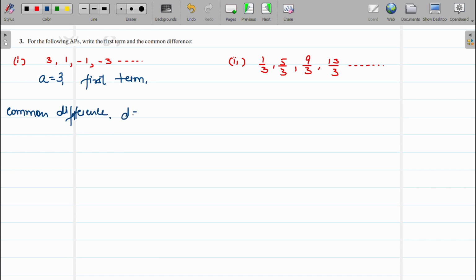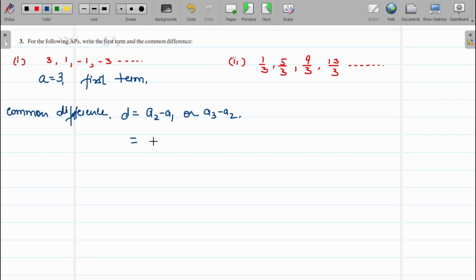D should be equal to A2 minus A1, or it can be A3 minus A2 also. In case we have to check whether this is an AP or not, we'll do it in probably the next question. Then you have to check this one and probably the next consecutive pair also, to be sure that you have the same common difference. But right now this is already given to be an AP, so we can find either one. You will get the same D from both places.